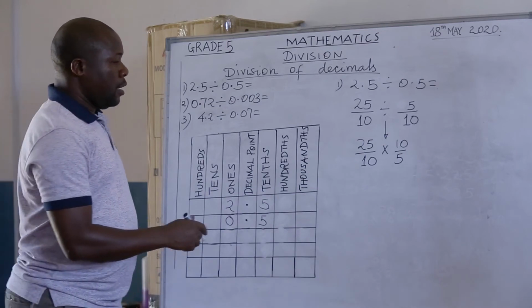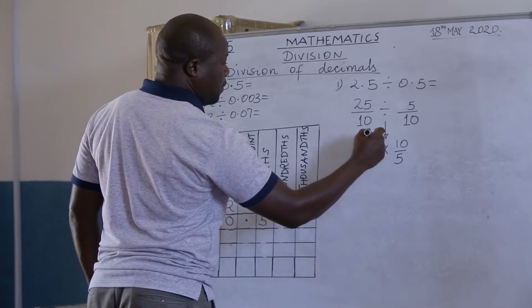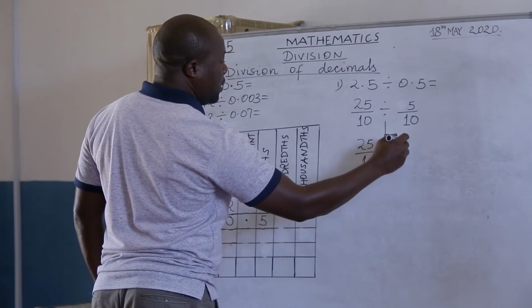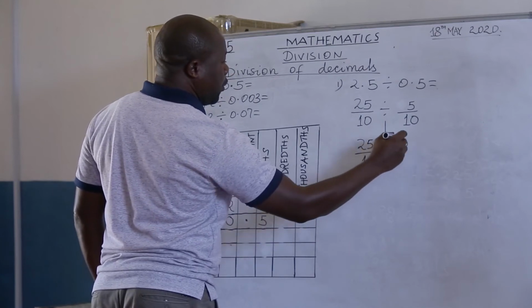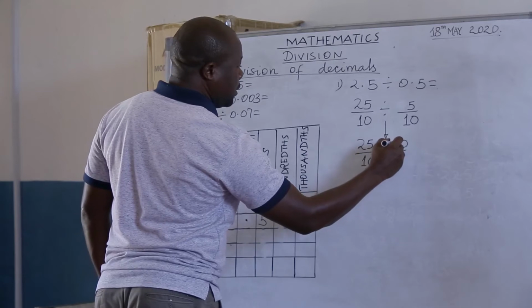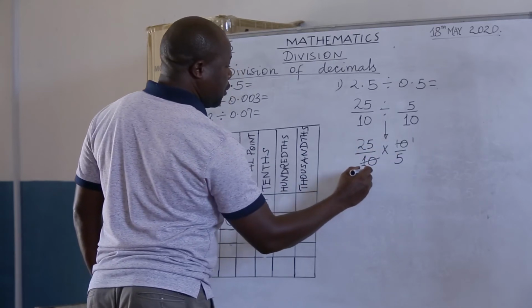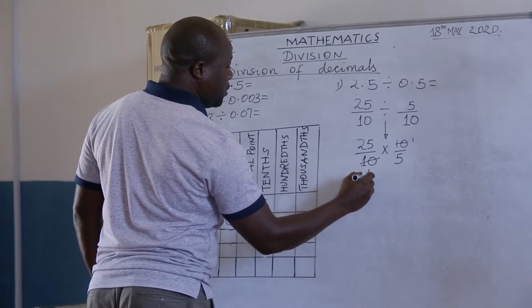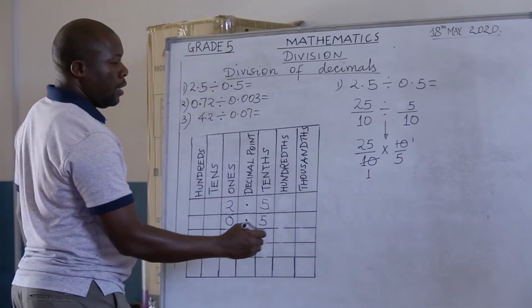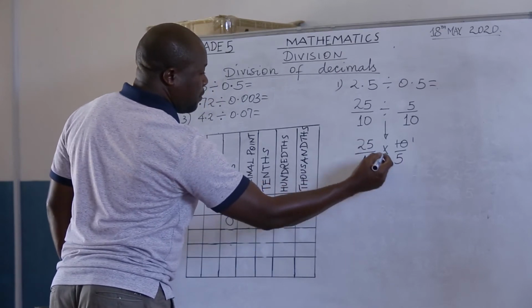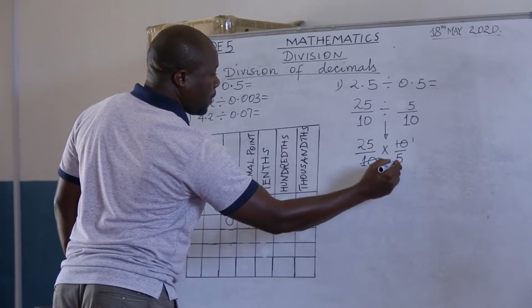Now, let us check diagonally. 10 goes into 10 one time, and 10 goes into 10 one time. Let us check diagonally again. What is the common factor for 5 and 25?